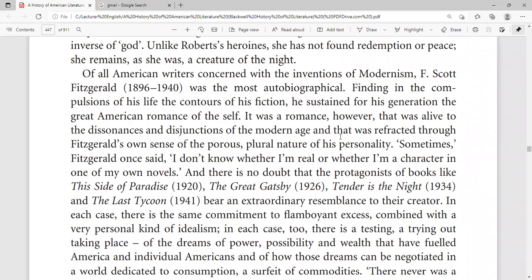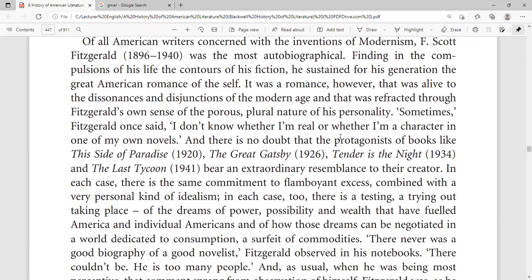Great American romance of the self, that's American identity, American self. That is a topic that was discussed earlier in 19th century poetry and prose, and later on in the 20th century, its complexity was shown.